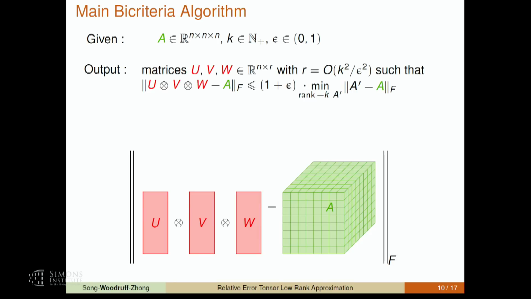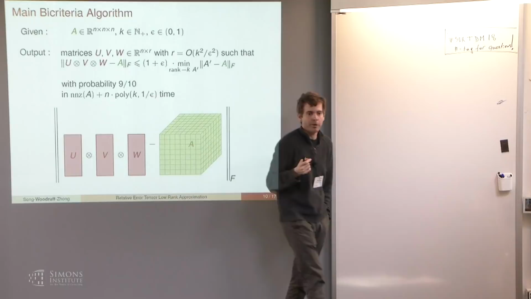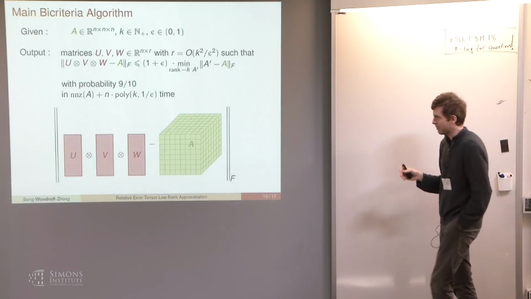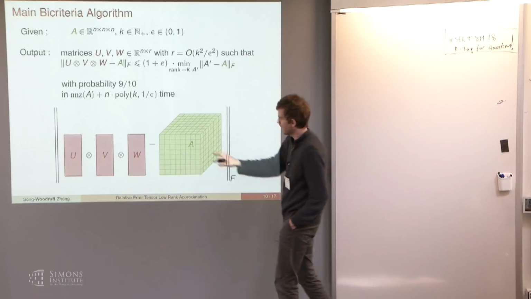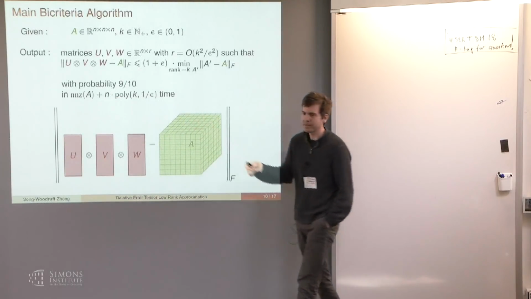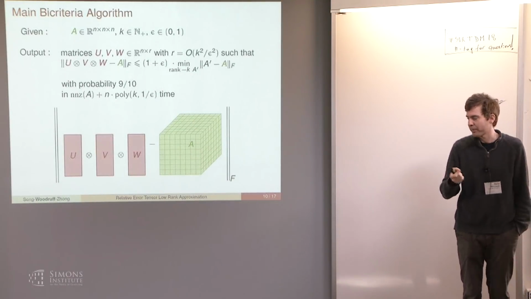It's a randomized algorithm, and the running time is very fast: the number of non-zero entries of A plus n times a polynomial in k over epsilon. Not only is it polynomial time, it's optimal up to this low order term, because you have to read all the non-zero entries of a tensor to get any relative error.